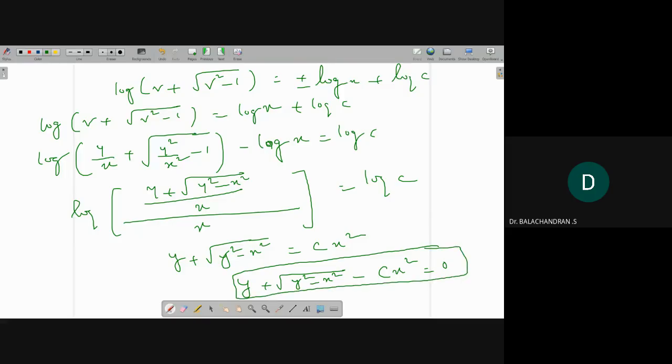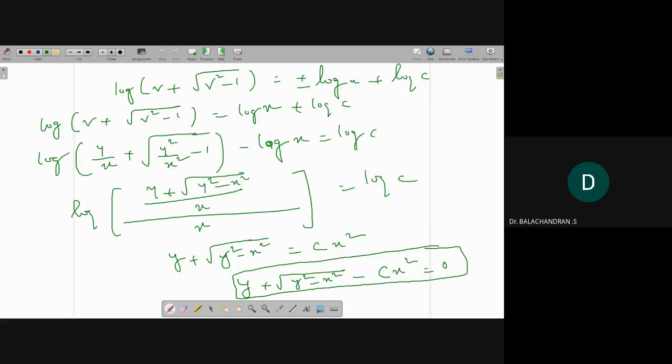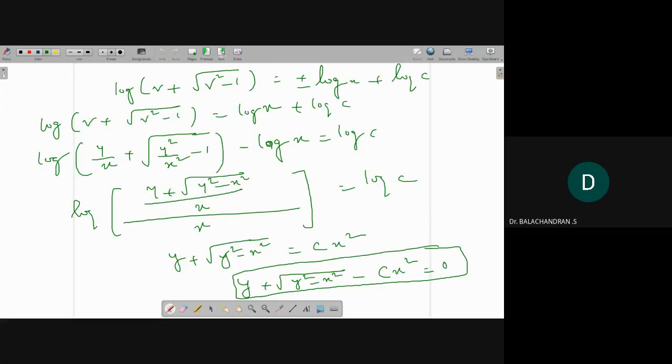Similarly, next case, minus log x. Log of p plus root of p square minus 1 equal to minus log x plus log c.